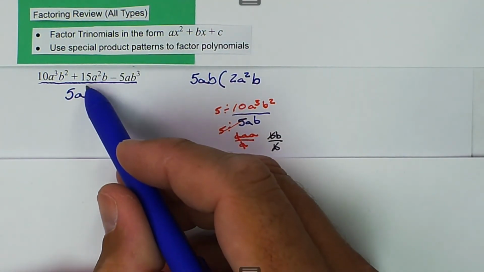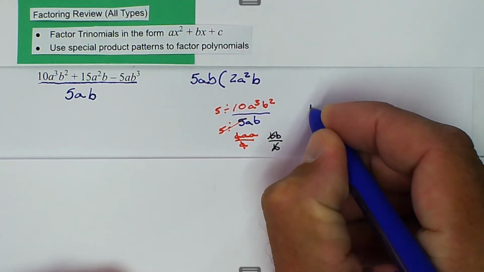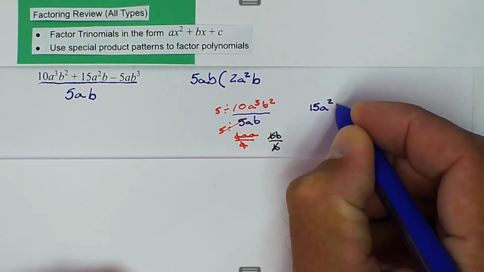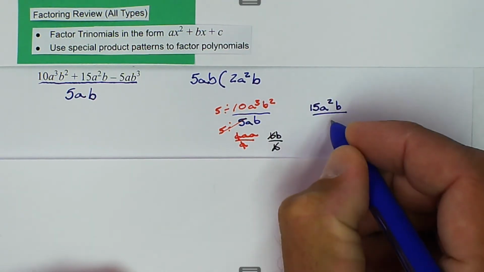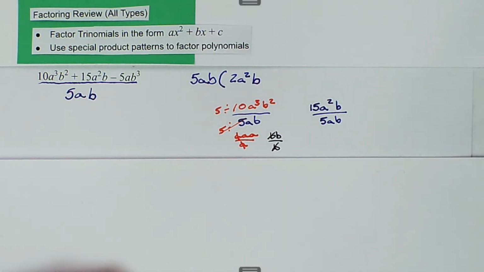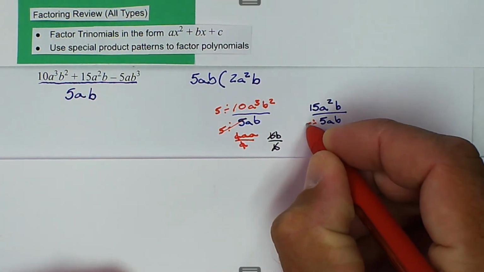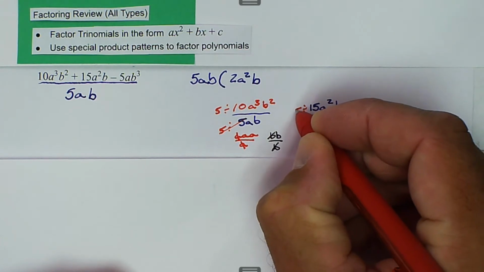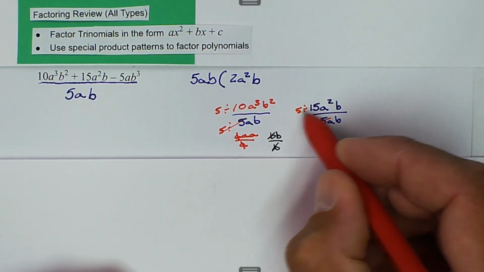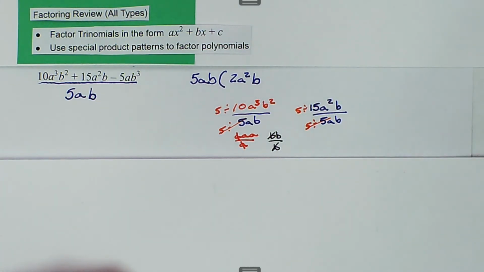Okay. Next thing we can look at is 15a squared times b. So then we have 15a squared times b, and that's still going to be divided by 5ab. Again, we can divide both coefficients by 5. So 5 divided by 5 becomes 1, and 15 divided by 5 becomes a positive 3.